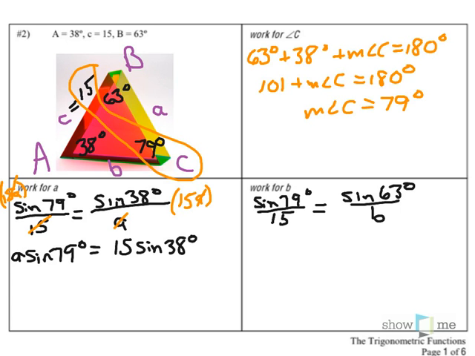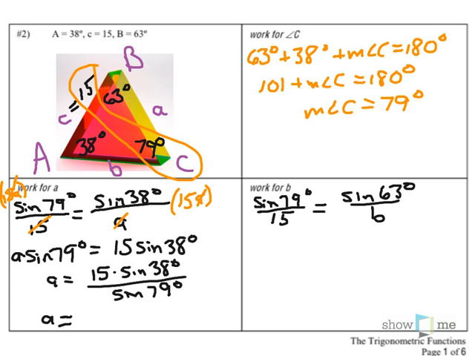To get A by itself completely, you would divide both sides by sine of 79 degrees. And you put that in your calculator.